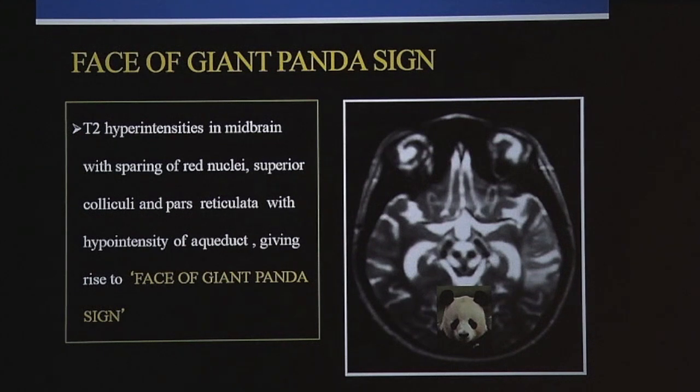Here is a borrowed example of the face of the giant panda sign, which we look for in Wilson's.